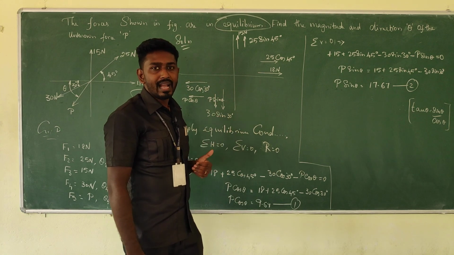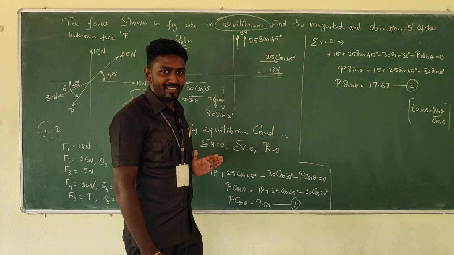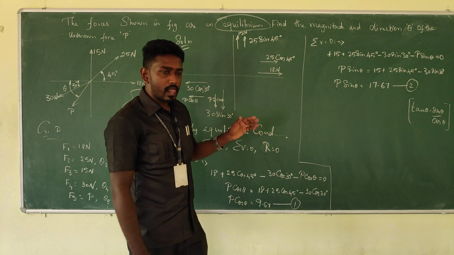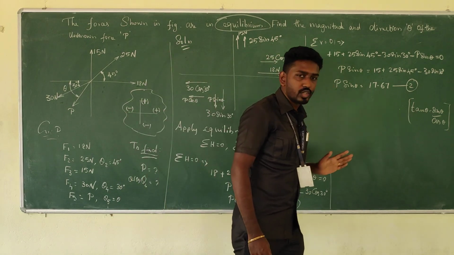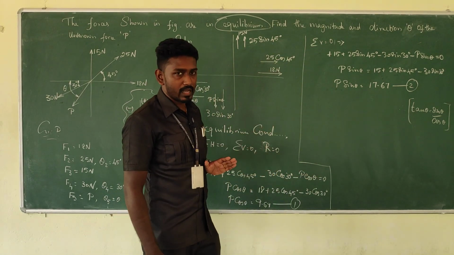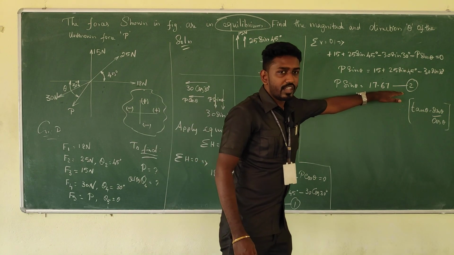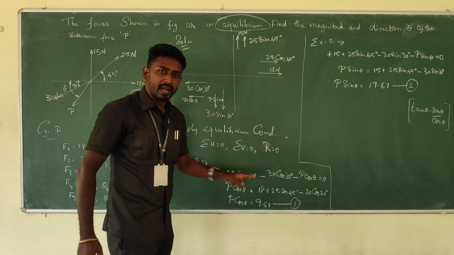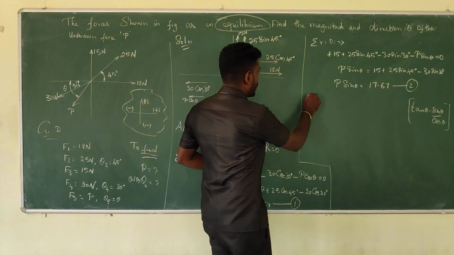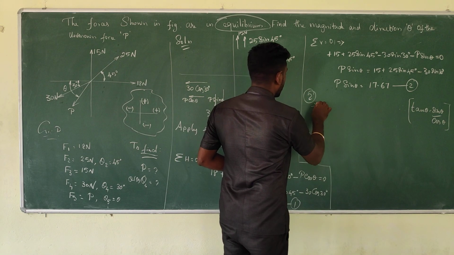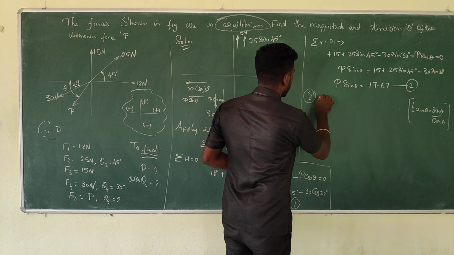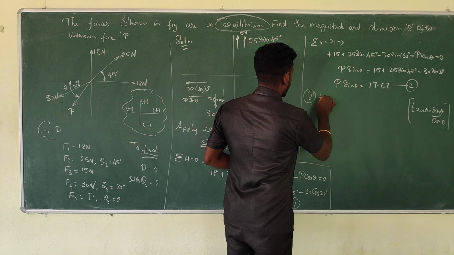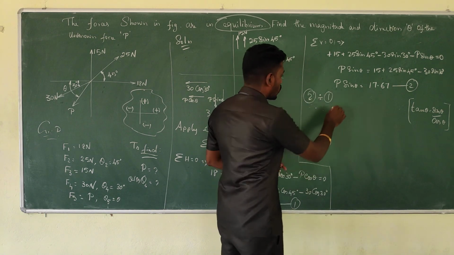So in order to identify the P and theta value, with the help of this knowledge, tan theta is equal to sine theta divided by cos theta, I am going to divide equation number 2 by equation 1.